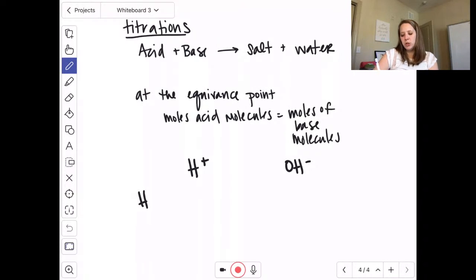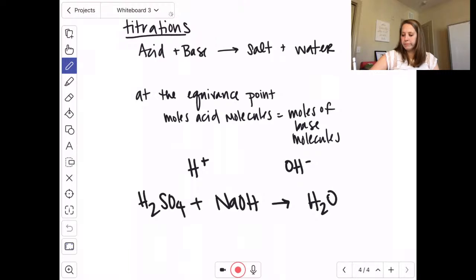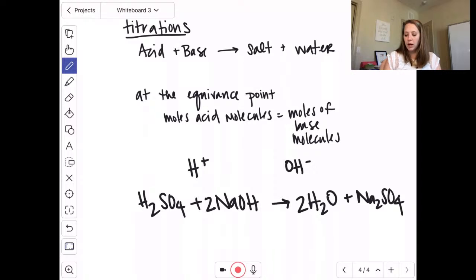Now, if we have H2SO4 plus NaOH, gives us H2O plus Na2SO4. This equation needs to be balanced, and when we do that, we determine that we need 2's here and here.